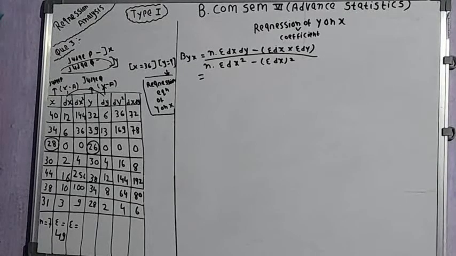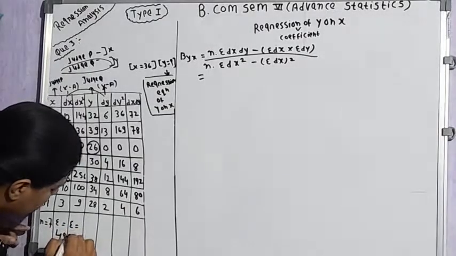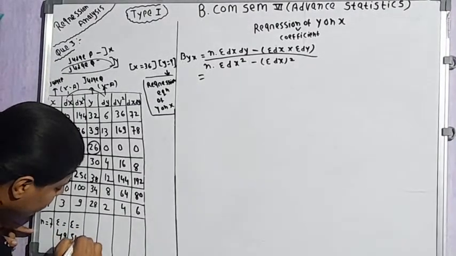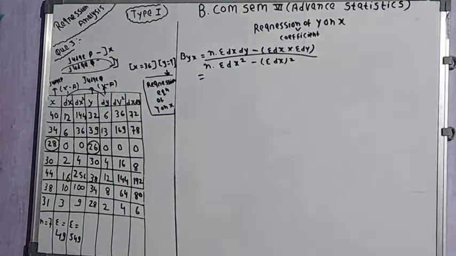So 144 plus 36 plus 4 plus 256 plus 100 plus 9. So it comes to 549. Summation dx square is equals to 549.